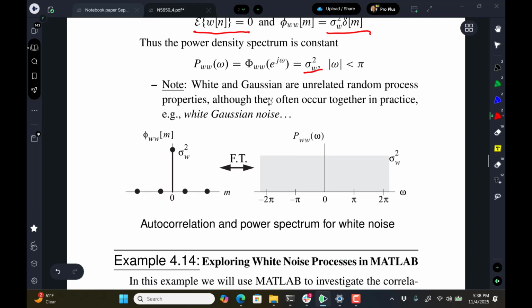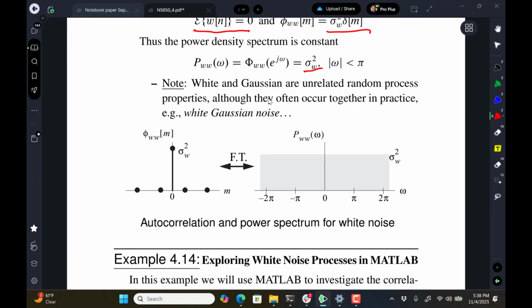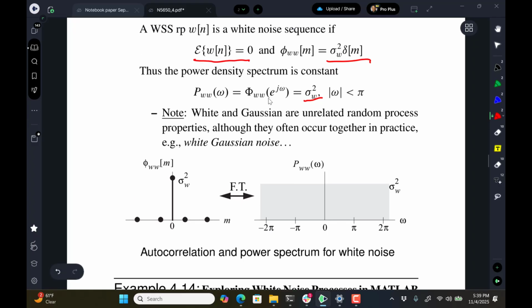Now, a fact is that white and Gaussian are unrelated random process properties. One is the flatness of the spectrum, which relates only to the autocorrelation function being a delta, and Gaussian has to do with the underlying statistics of the values in the random process. Like, is it coming, in our case, from a random number generator that's Gaussian or uniform?